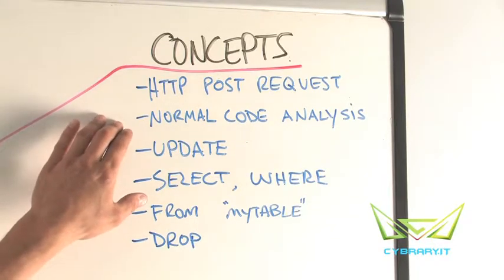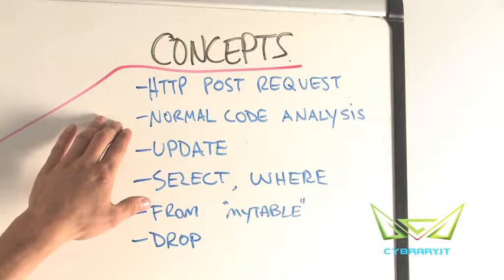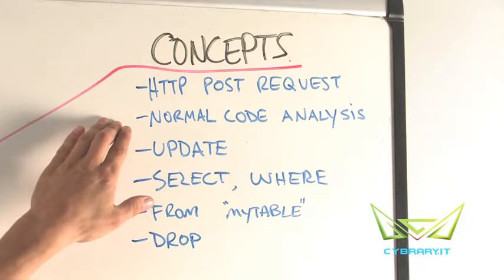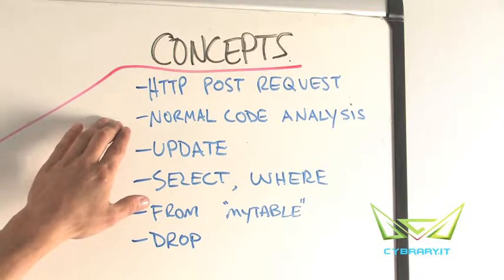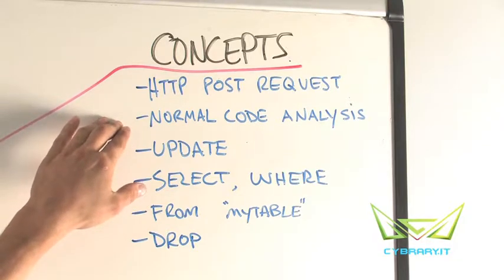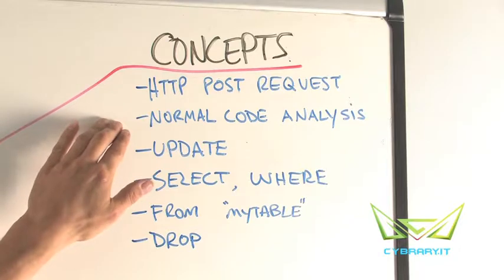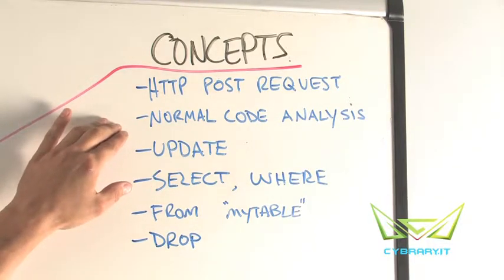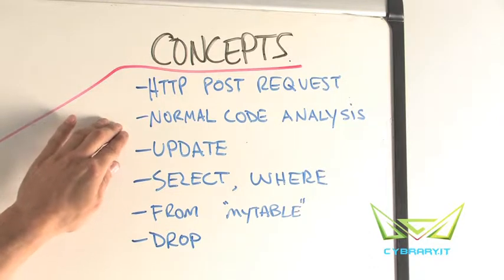If you look at the client talking to the server in a normal conversation, this is what we call normal code analysis. The pen tester needs to understand what normal looks like, so then they can start deviating from the norms to get the computer programs to do what they want.